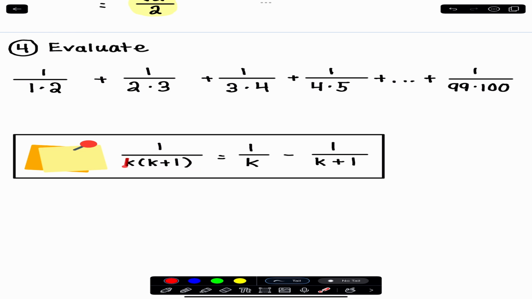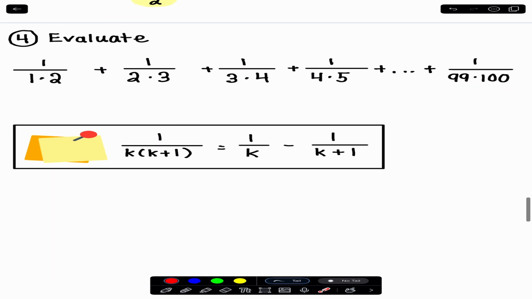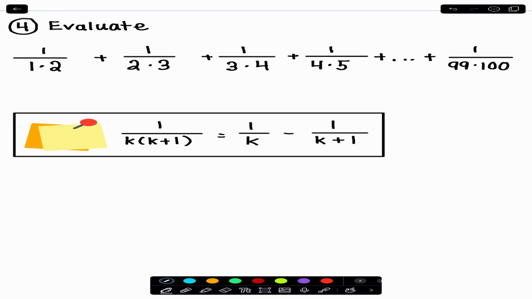You take k to be any random number. Let's say you thought of 3, and then k plus 1 ends up being 4. Well, then that's this term over here. If your k was 99, then k plus 1 would be 100. Well, that's this term over here. So basically, every term has this general form. That means we can rewrite them like this. We just have to be careful.